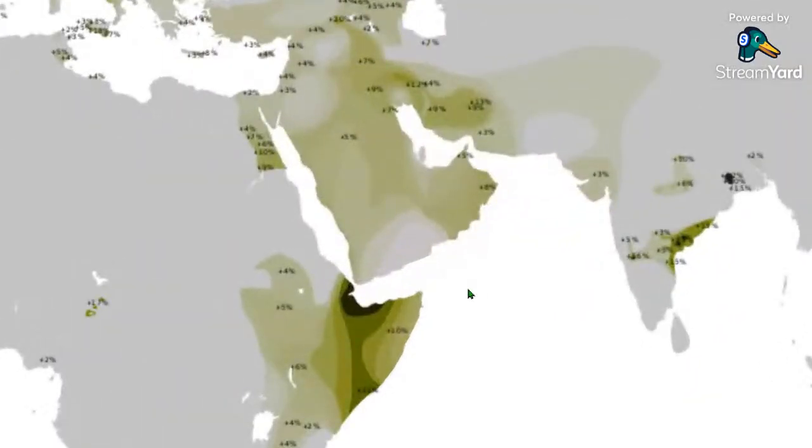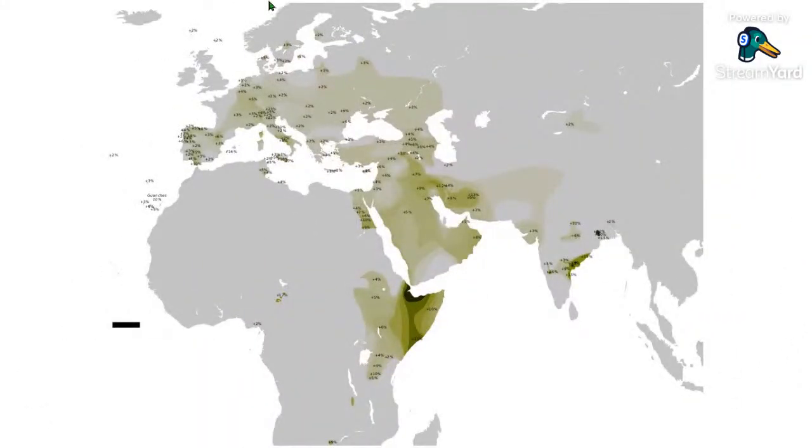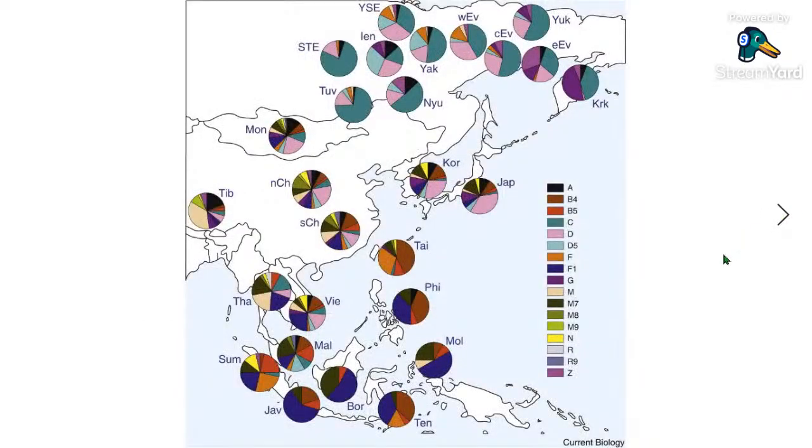But this is the T paternal haplogroup, but it's the same sea people that also went to America as well, and that's associated with the Jewish population as well.